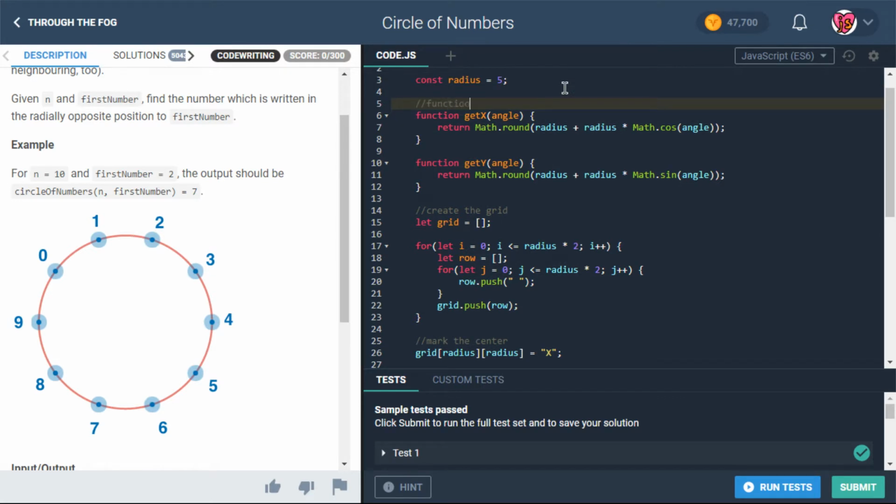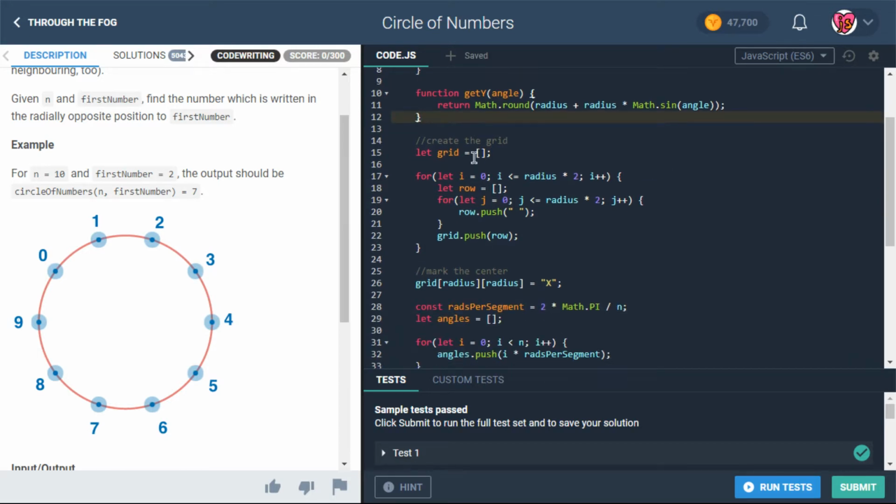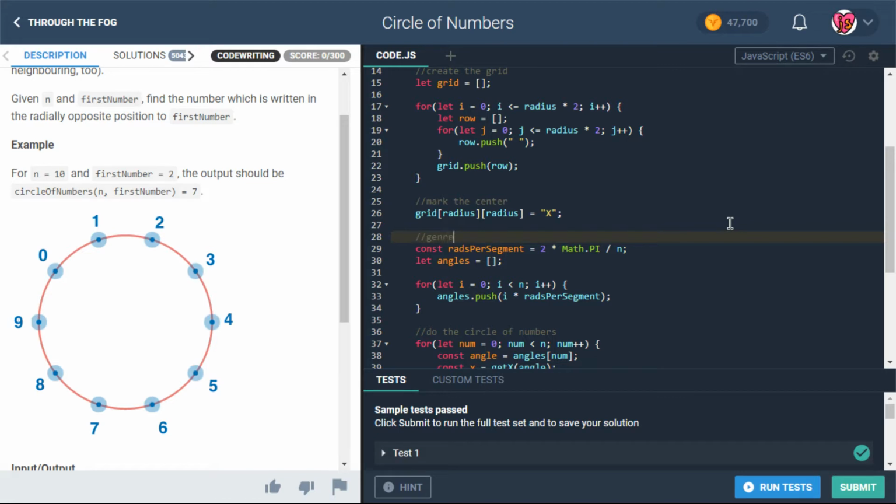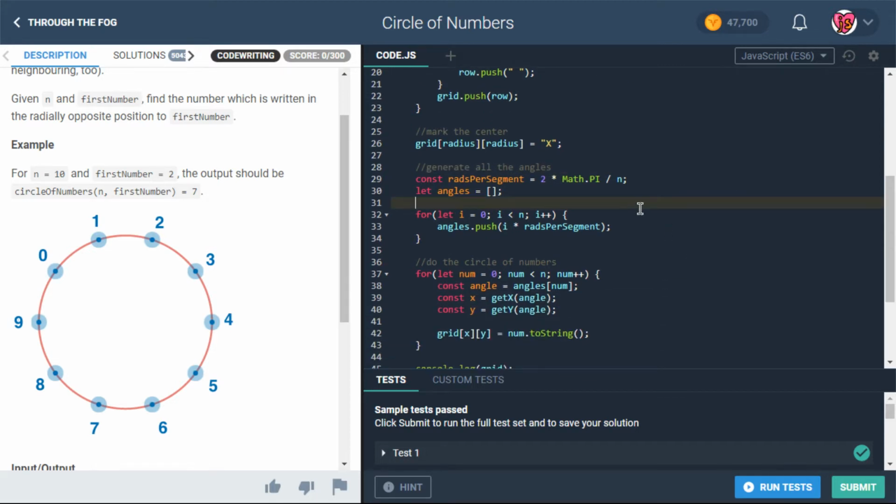So I'll just say functions for converting from polar coordinates. Great. And then after that, we made a grid. We marked the center of the grid, and I guess I should say over here, generate all the angles. I feel like I've misspelled every single comment I've made so far.